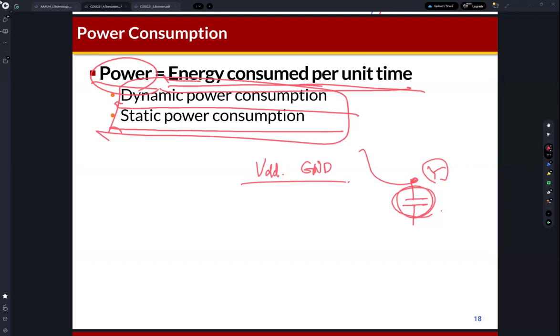And if power is consumed, just like when we consume electric power in our home, we need to pay money, right? That's why power is very critical.